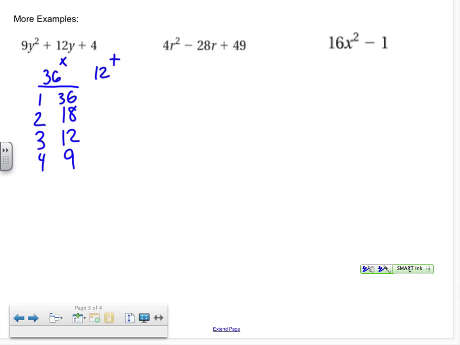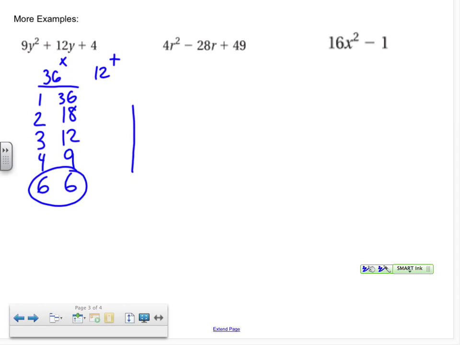So we'll try 5. 5 does not multiply to get 36, so we'll try 6. 6 times 6 multiplies to 36 and adds to 12, so 6 and 6 are our terms.